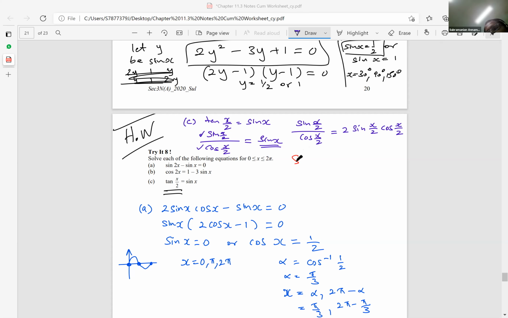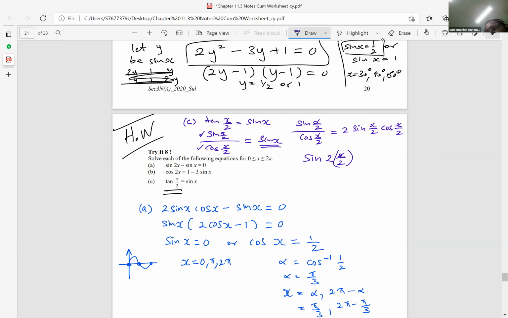Okay, so you got sine 2a, correct or not? The sine 2a can be represented with a being x over 2. Sine 2x over 2, can you see this?